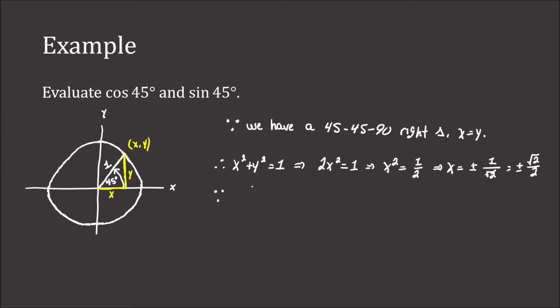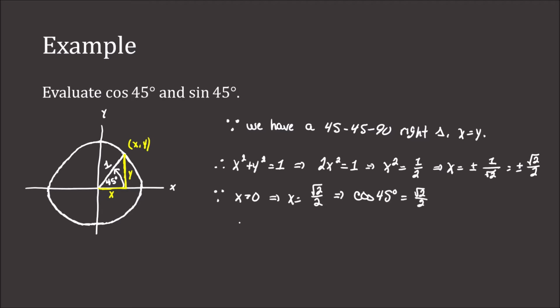However, x has to be greater than 0, so this means that x would equal positive root 2 over 2, which means that the cosine of 45 degrees is equal to root 2 over 2.